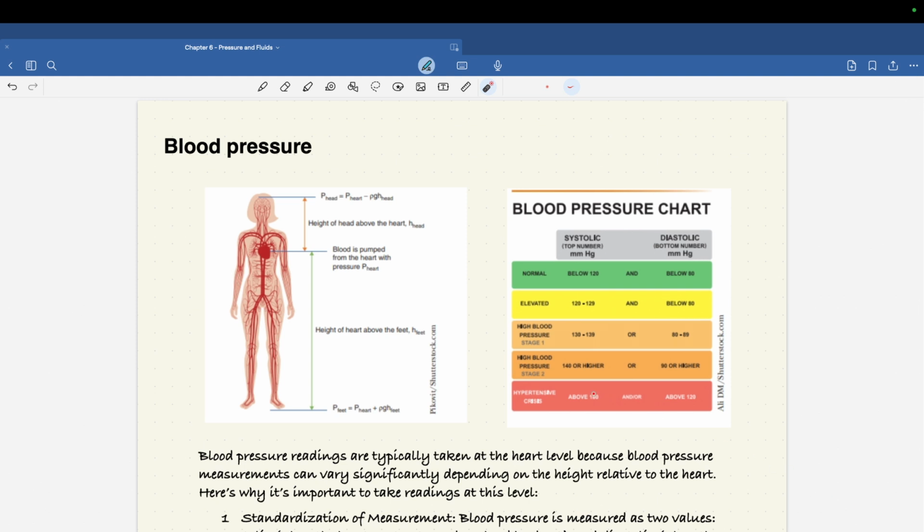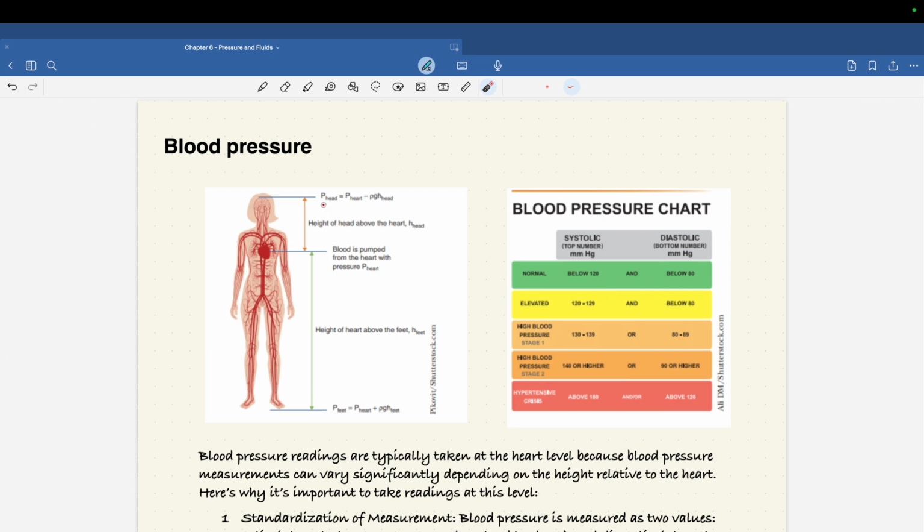So here, there is a lot of content about blood pressure, and how blood pressure readings have to be taken at the heart level. You cannot take it at any other place. And that is shown here, because here you see that the blood is pumped from the heart, and the pressure here at the brain should be less.